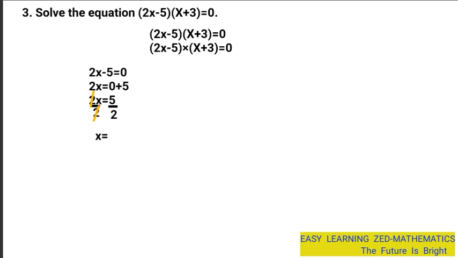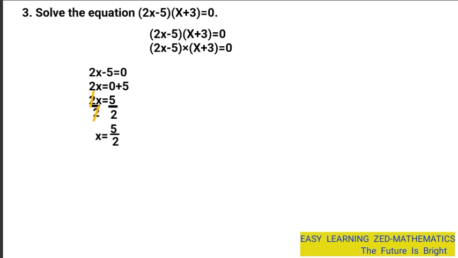Then when we divide 5 by 2, the answer is going to be a decimal number. So we are going to leave it as a fraction, which is 5/2.